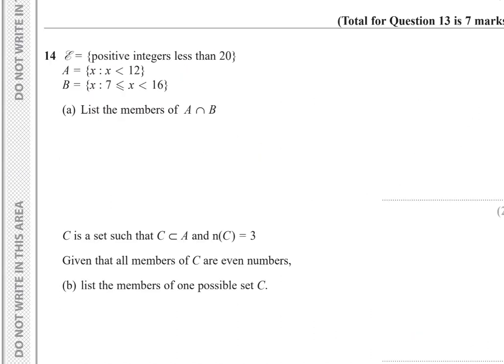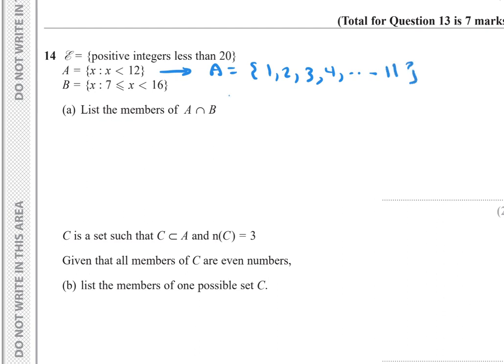Number 14, the universal set equals the positive integers less than 20, and A is x such that x less than 12, B is x such that x more than or equal to 7 and less than 16. We can write A in listing method. So A equals 1, 2, 3, 4 till 11 because less than 12.